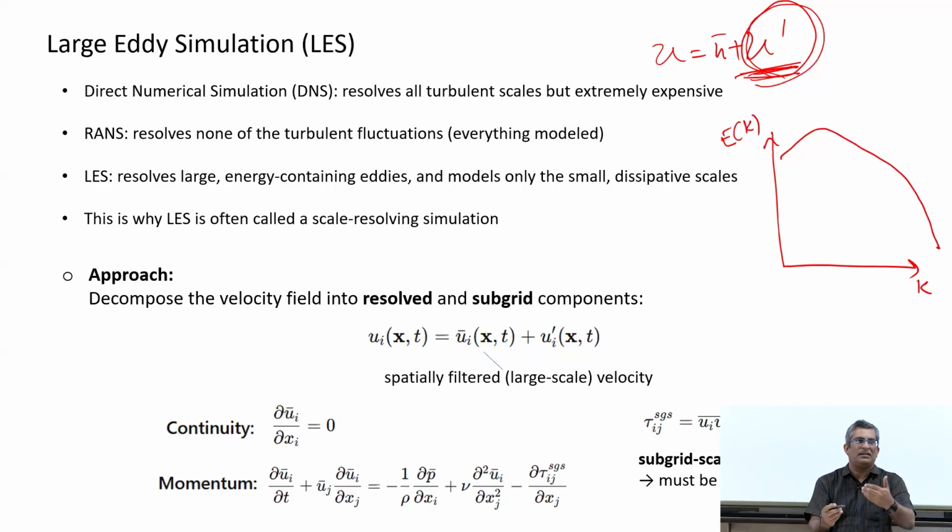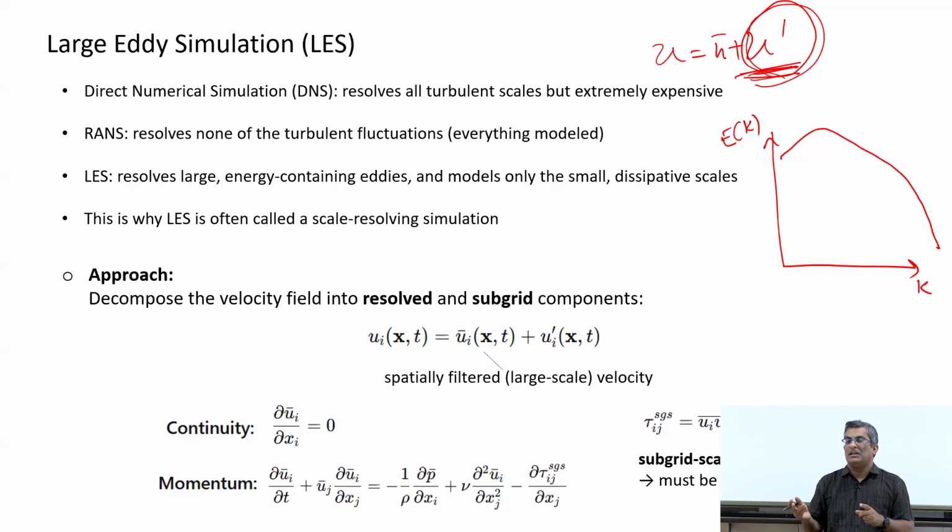You can calculate the standard deviation of the fluctuations. You can calculate the turbulent kinetic energy, dissipation rate, but these are all models. But you have no information on the instantaneous flow field. Now, why is this important?